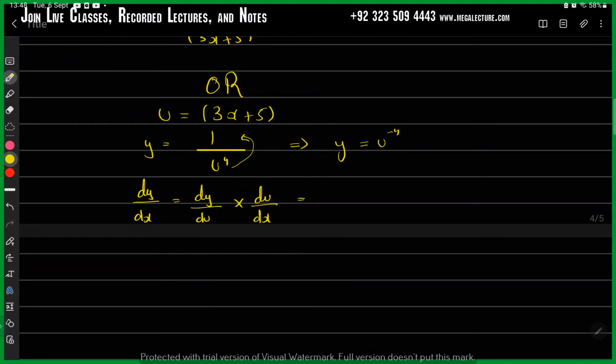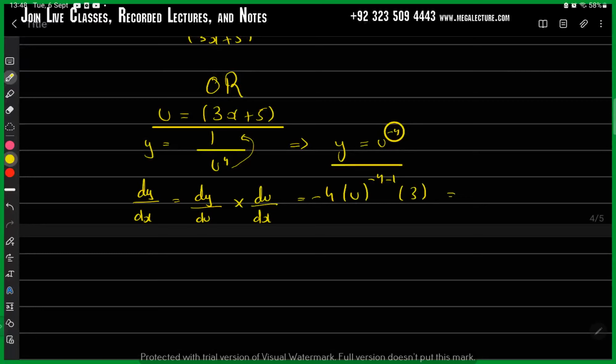What is dy by du? This is the equation of y in terms of u. Minus 4 would come as the coefficient. Minus 4 into u power minus 4 minus 1. And next we have du by dx. This is u in terms of x. So the derivative is 3 only.